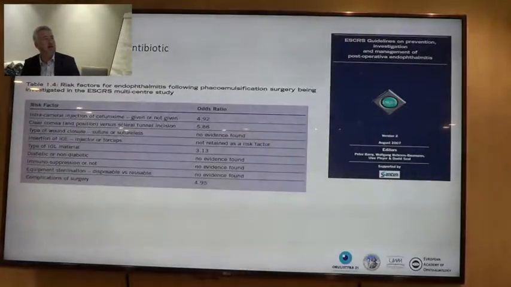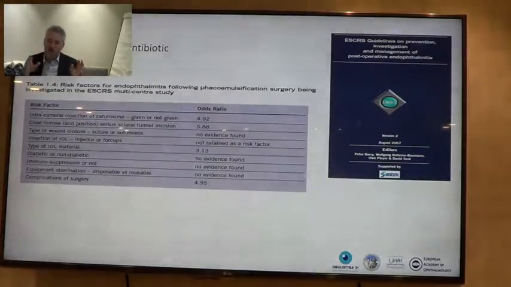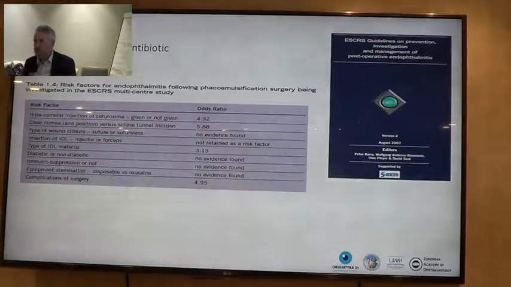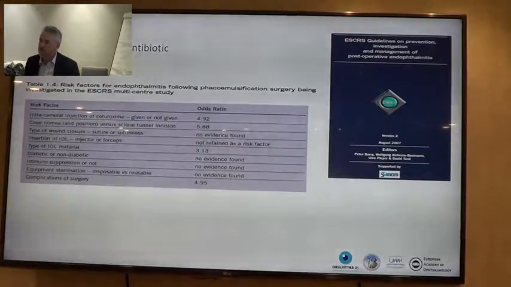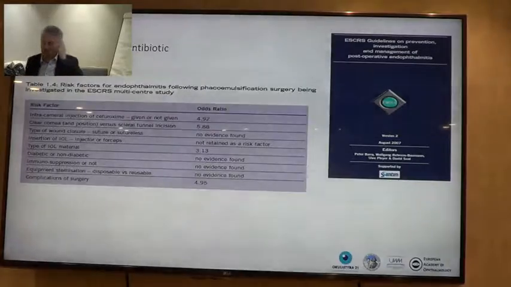This is a table just to recall the ECRS study, 2007. It was the only so far prospective randomized study showing the effect of intracameral antibiotics. And this study showed a 5-fold reduction of endophthalmitis risk when intracameral antibiotics were used.